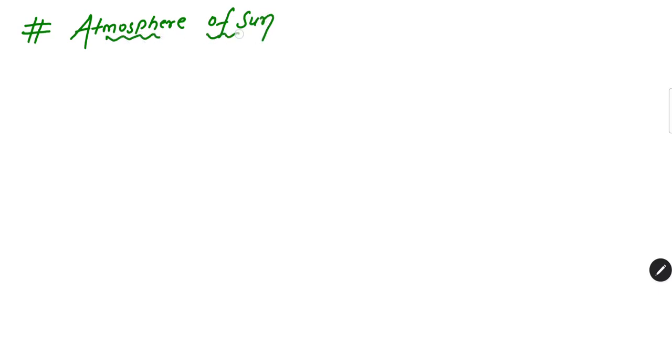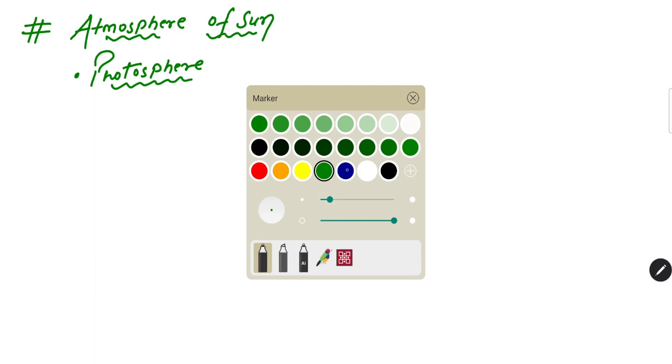When we talk about the atmosphere of the sun, first we need to discuss the photosphere. There is not too much we need to know about the atmosphere, just 2 or 3 points we should know about this.